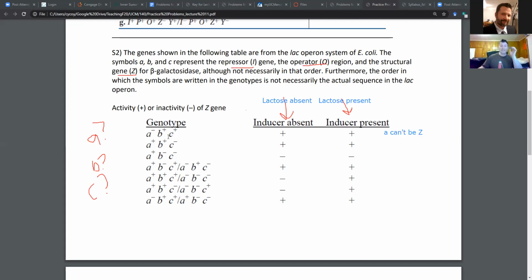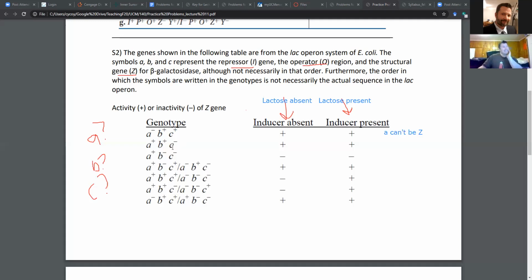Or A could be O, and that minus could be a constitutive operator. Both of those are possible. So we can't identify A yet, but if one of these is Z, it's not A. Because if you mutate A, in other words, you make Z minus, you'd have minus minus.